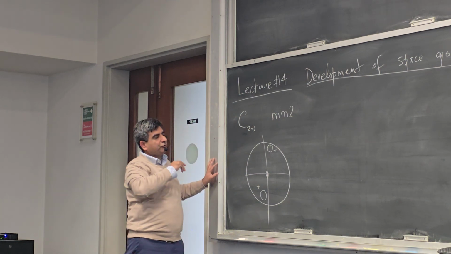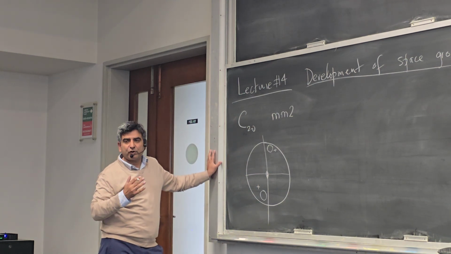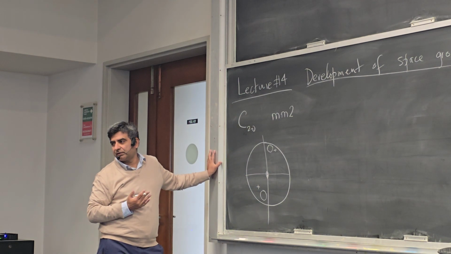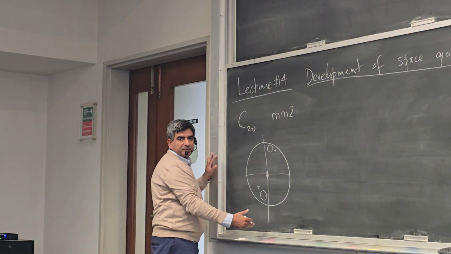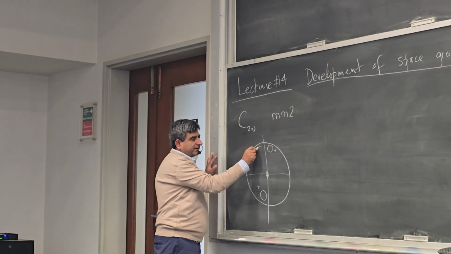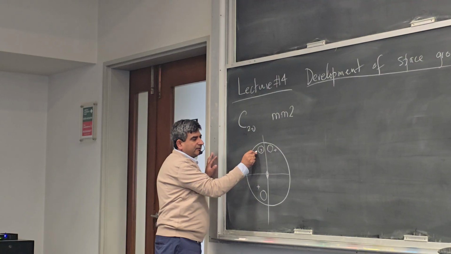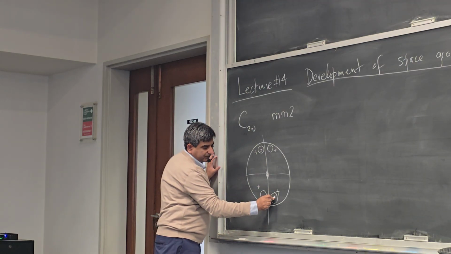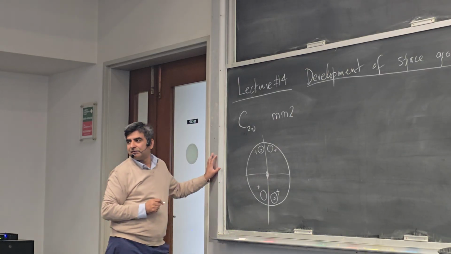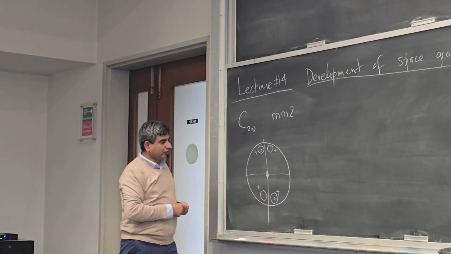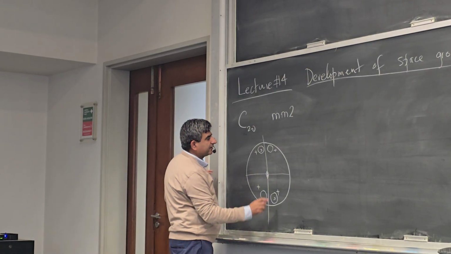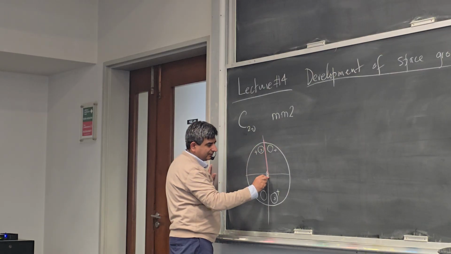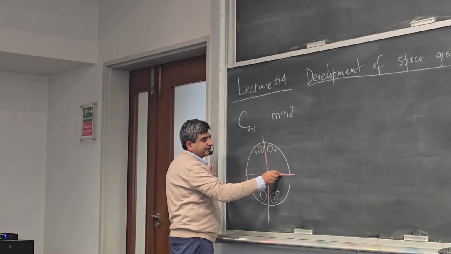C2V is a C2 rotation followed by a vertical mirror plane. So this is my vertical mirror plane. This object will be reflected here. I get a comma here with a plus sign. This object is going to be reflected here. I get a comma here with a plus sign. Okay? So this 2-fold axis of rotation and a vertical mirror plane has automatically resulted in another mirror plane.